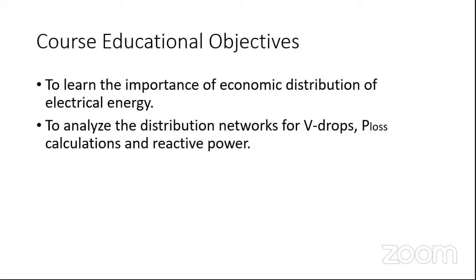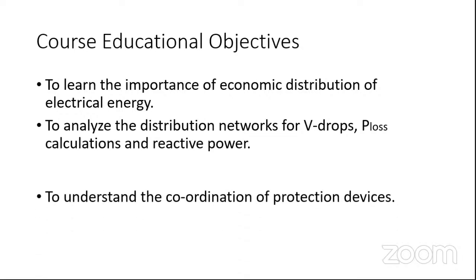So then what are the losses? How to calculate the loss? How to calculate the reactive power? How to calculate the voltage drop? All these issues are to be learned. How to analyze a distribution network for evaluation of voltage drops, power loss, calculation of active and reactive powers.